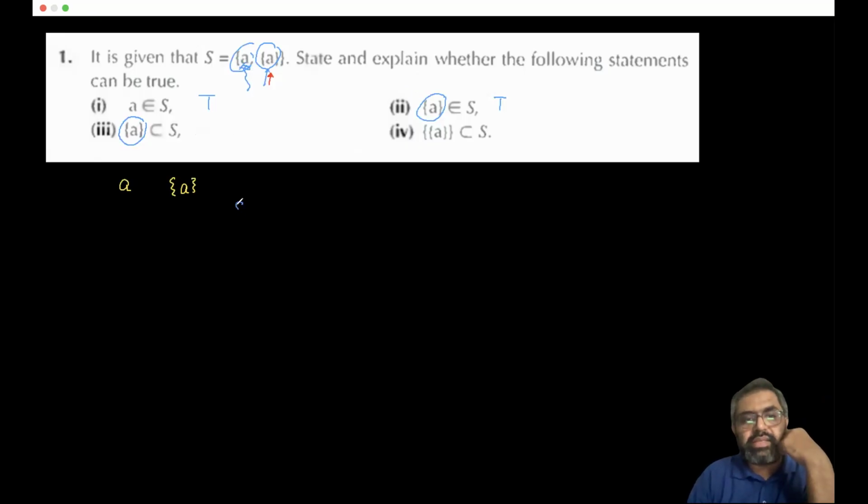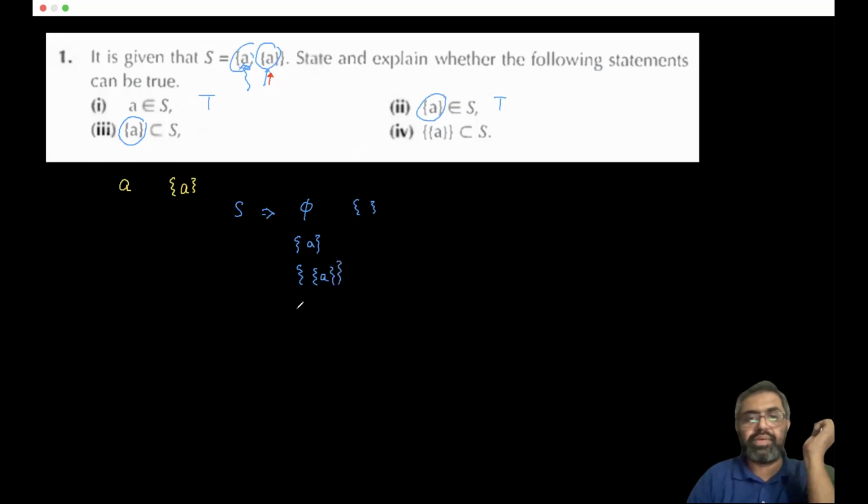So how many subsets of S do we have? We can list them down. This is not asked here, but for our understanding, remember the empty set, we can write it like this, is a subset of any set. Then we have single element sets. Its elements are A and the set {A}. The set {A} is also an element of this, so this is also a subset.